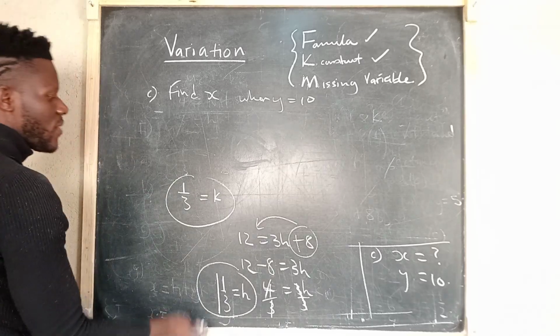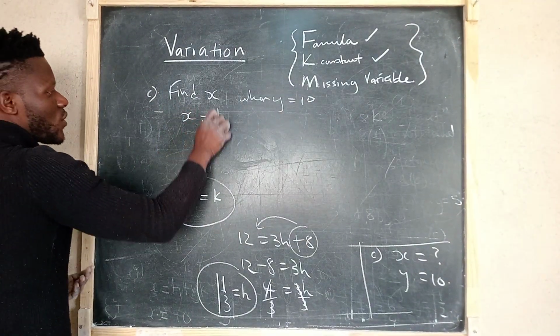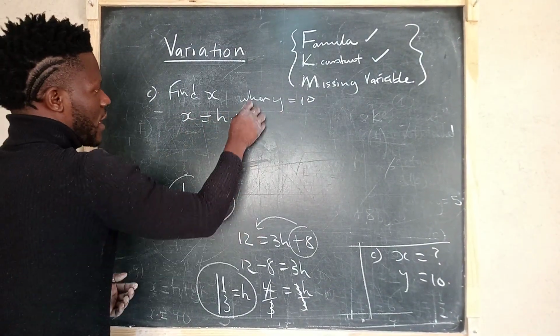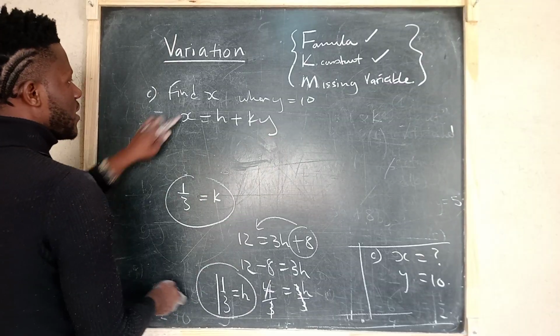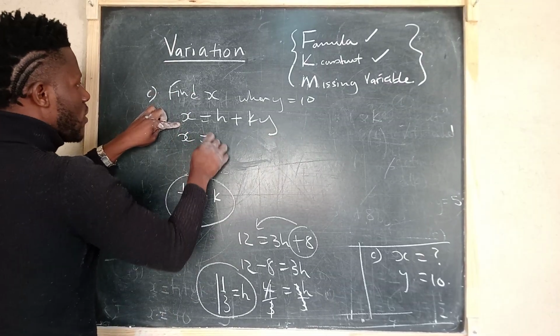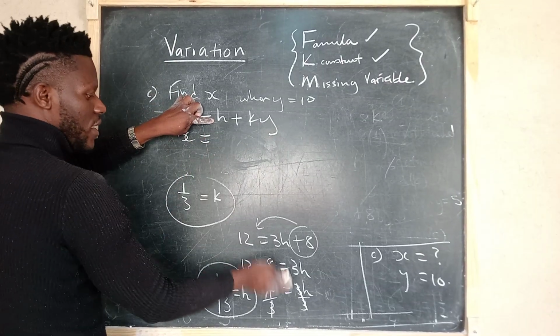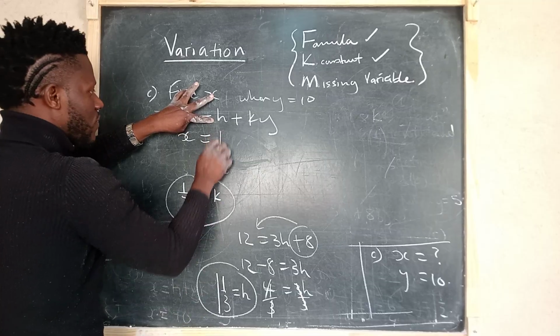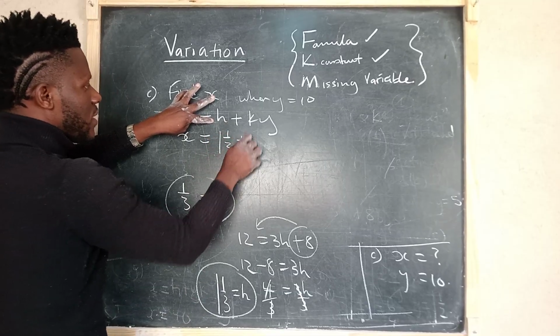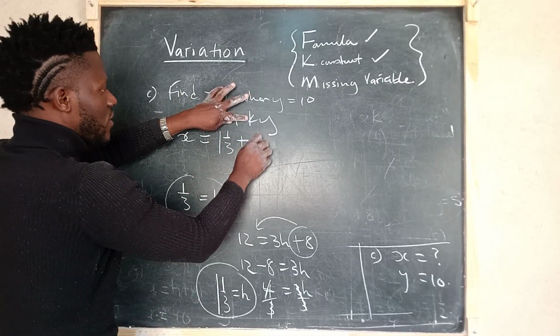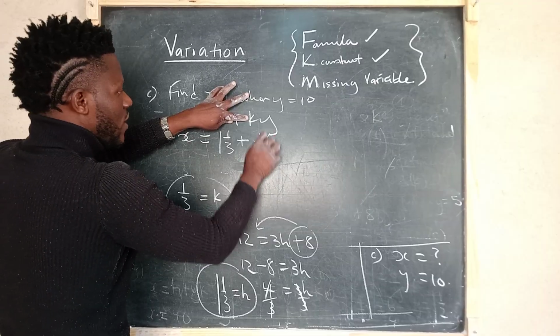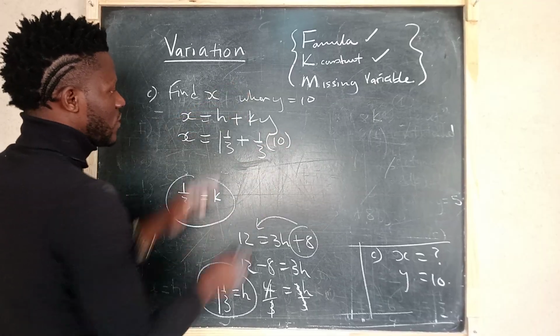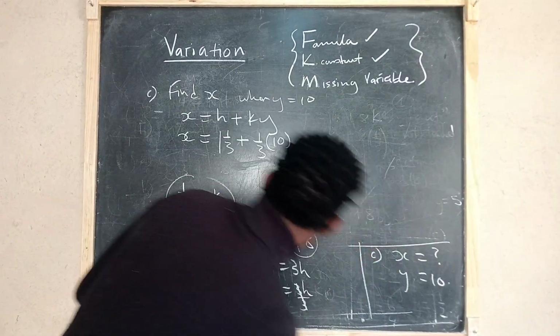You go back to the formula. The formula was reading x equals to h plus ky. That is, x is unknown when h is 1 and a third, and k is 1/3. Then y is 10. Then you solve to find the value of x.